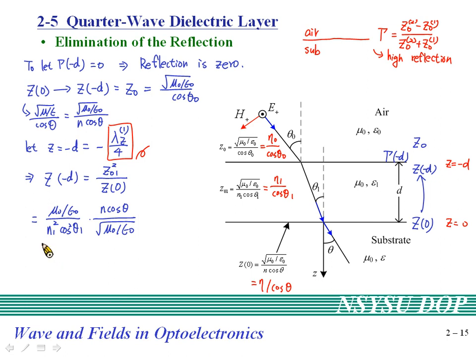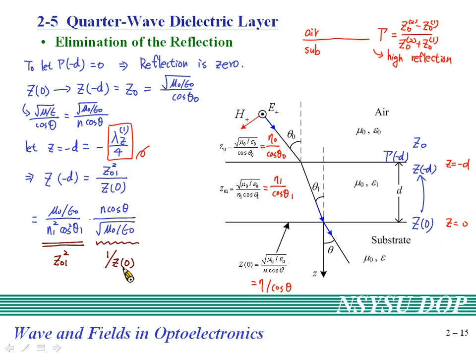And you can see that this term stands for Z01 square, and this term represents the inverse of Z of 0.